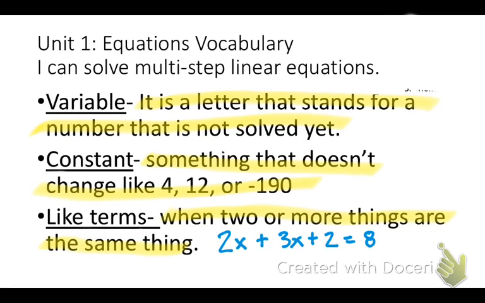We can combine the 2x and the 3x because they both have the same variable. They both have x's. And we know that those added together would give us 5 x's. Okay? So that's where these vocabulary words come from. Pause the video, write down all of the highlighted information.